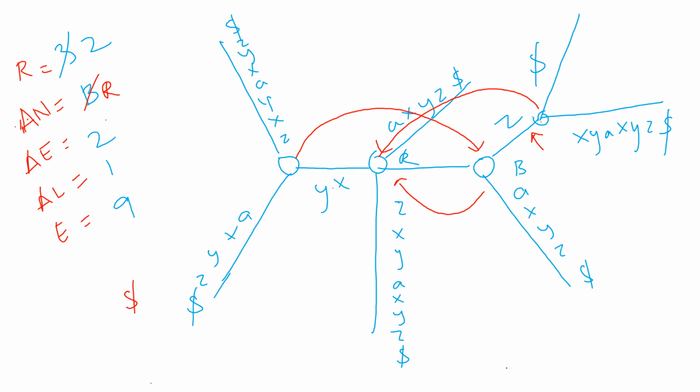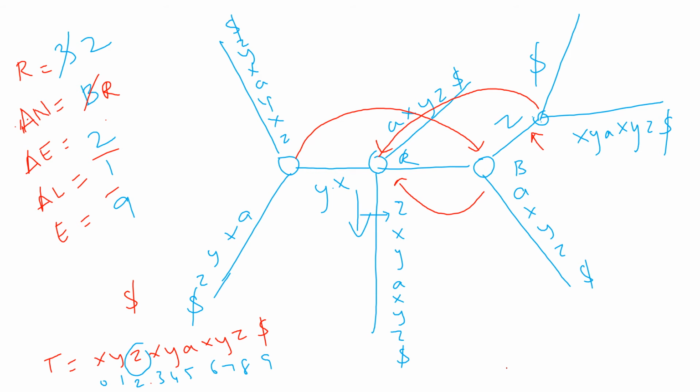From the root we'll have to check the active edge, which is 2, and the active length is 1. So we have to travel in the Z direction, in this direction. So here is Z, and active length is 1, so it is pointing here. We'll have to check if there is a dollar here. Since there is no dollar, I'll have to create one. I'll just create one quickly.